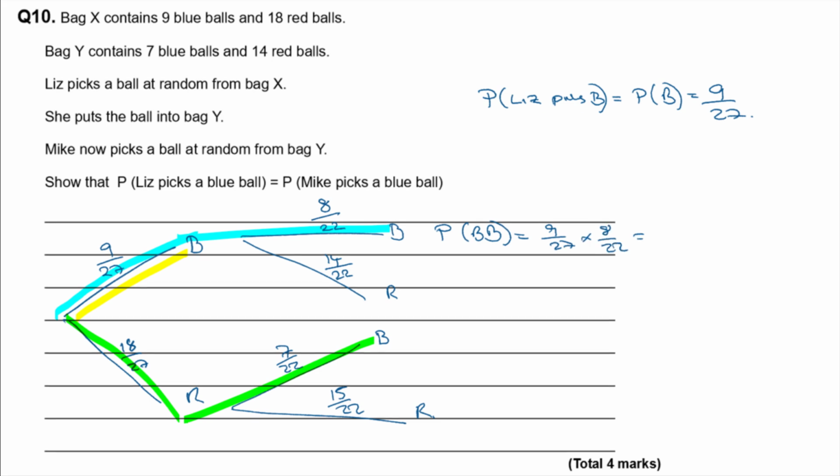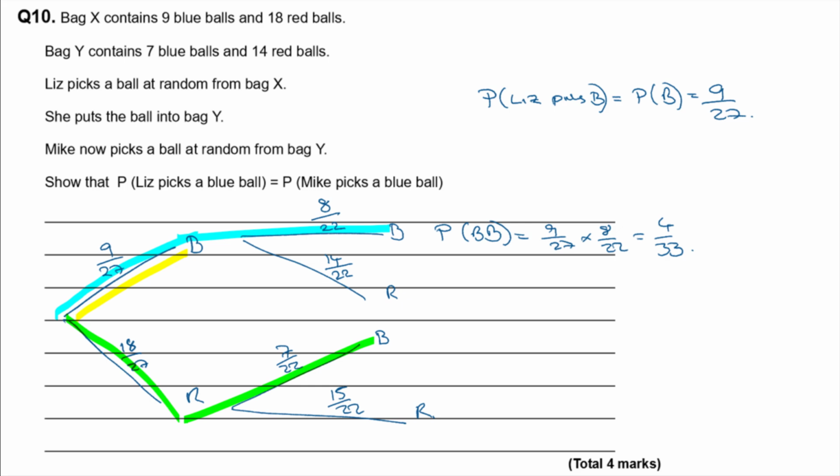What's that? 9/27, I am going to cancel this one down because I need to compare it with other things at the moment, so I'm going to do it properly. 8/22, that comes out to be 4/33.